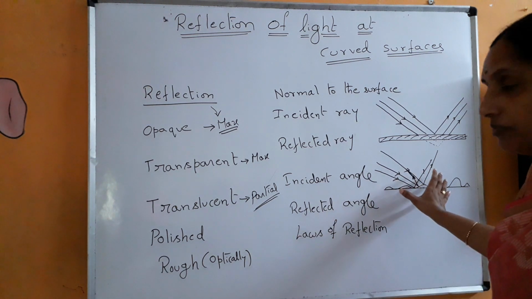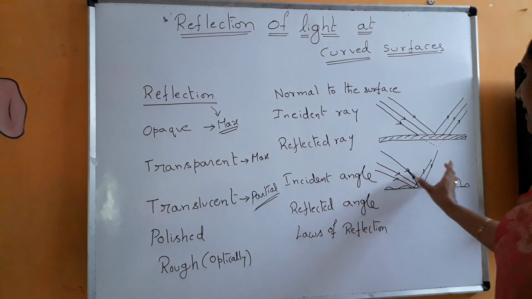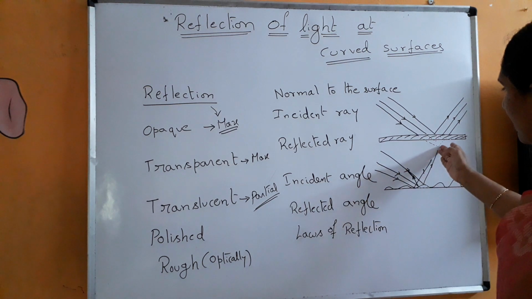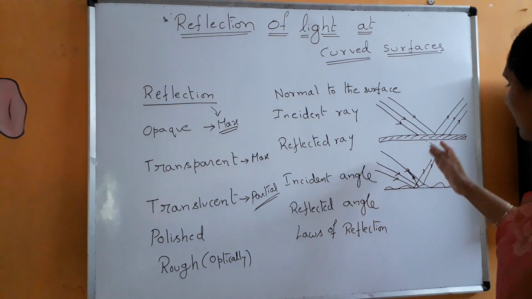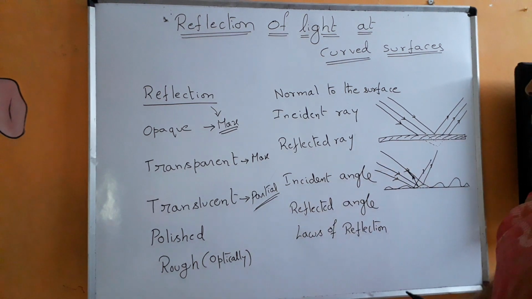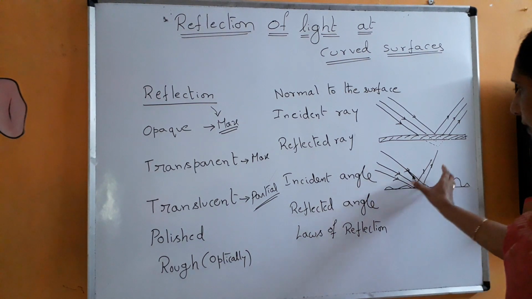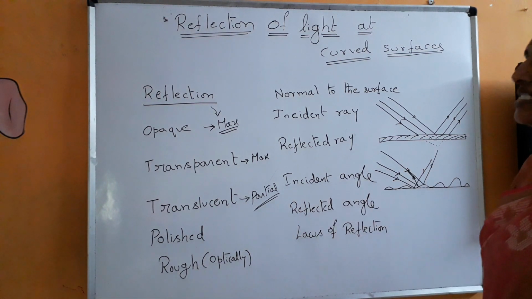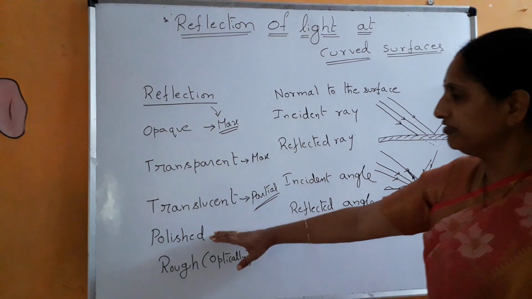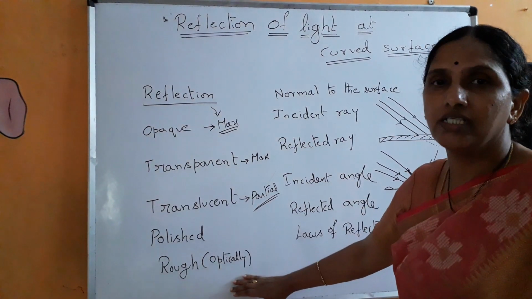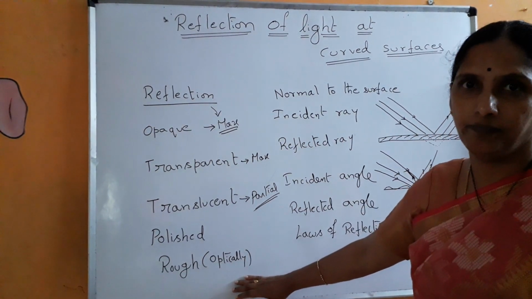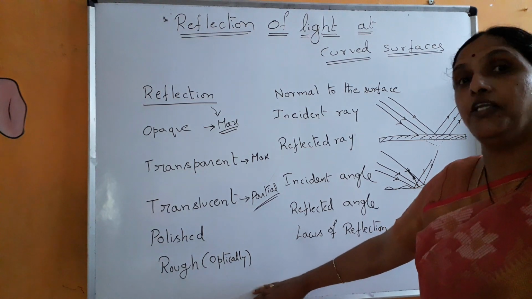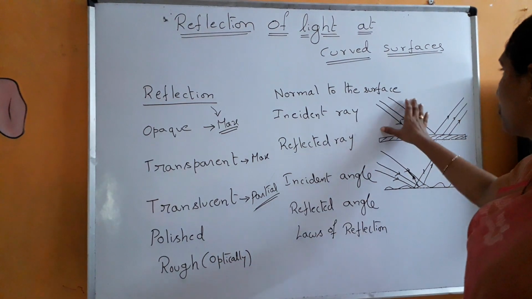What is happening to the beam here? The beam is getting scattered. One is reflecting in this direction, the other is reflecting in this direction, the other is getting reflected in the other direction. So the beam is getting scattered. That is the meaning of polished and optically rough surfaces. You may ask me now, ma'am, how are you able to draw this?